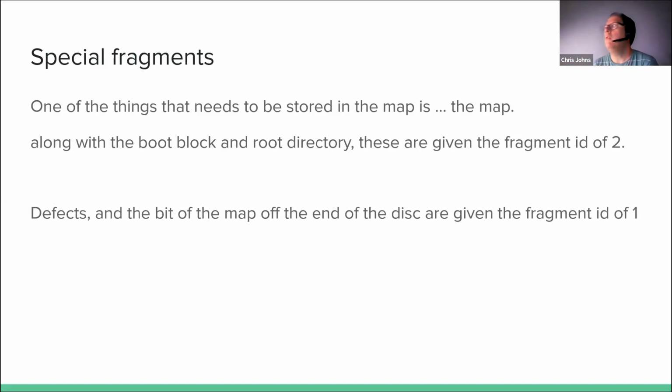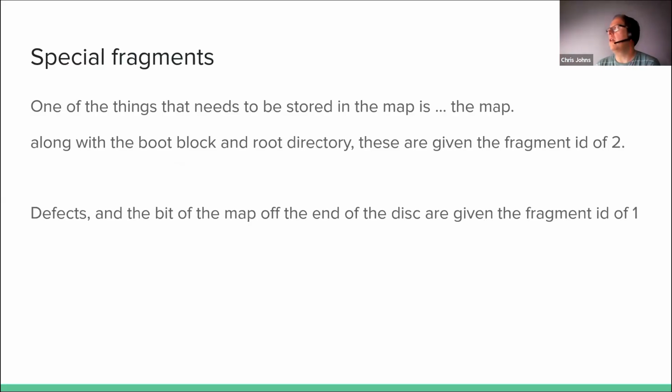And there are also a couple of special fragments. One of the things you have to remember is that the map has to contain the map, because the map's stored on the disk, and the map describes what's on the disk. So you have to say, here is the map within the map. It's a little bit meta, isn't it?